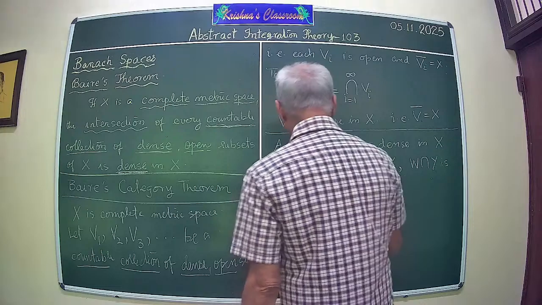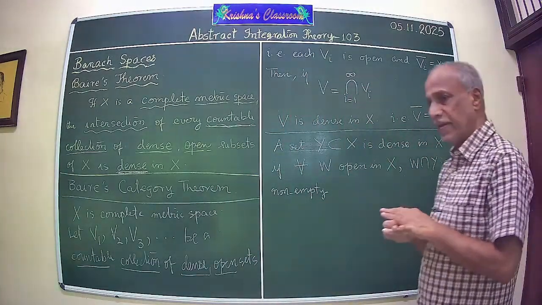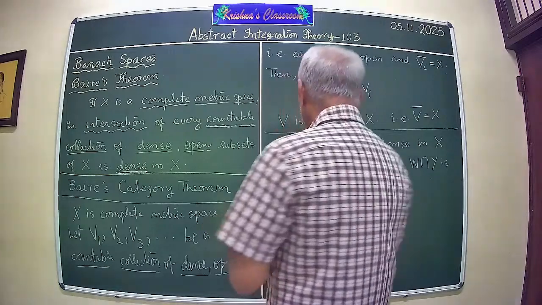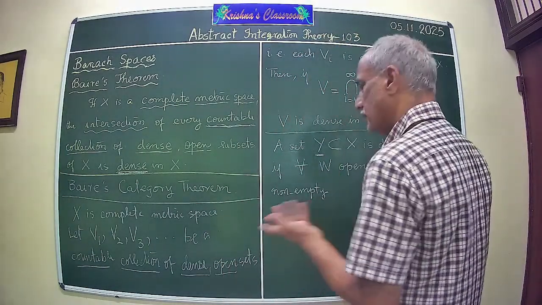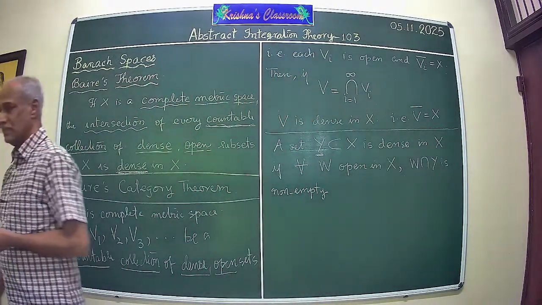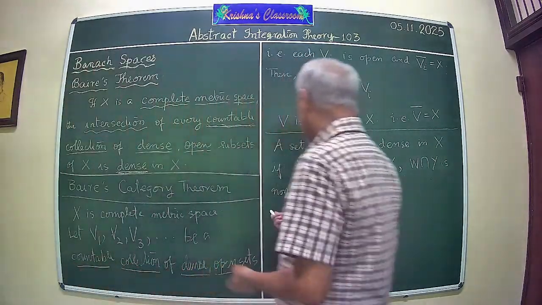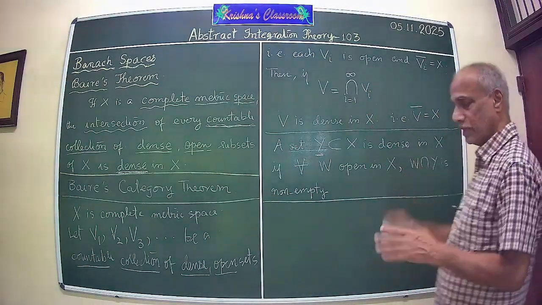That means every open subset of X has a non-empty intersection with the particular set Y. Then you say that Y is dense. This is another way of putting the density. And this is the way in which we are going to exploit, or we are going to prove this theorem.